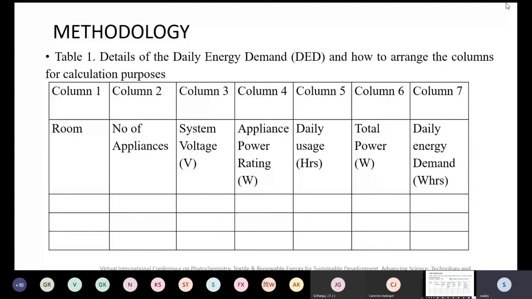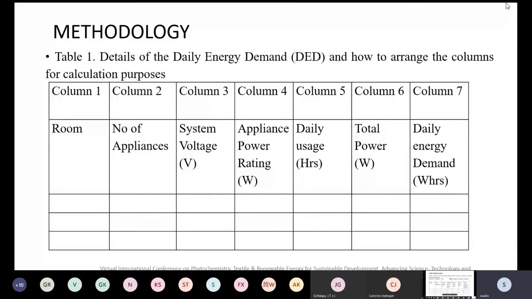Column 1 is the room where the device is located, column 2 the appliances, column 3 the system voltage, then column 4 is the appliance rating according to the manufacturer, then how many hours it will be on per day roughly, the total power that is consumed, and then we have the daily energy demand in watt-hours. The daily energy demand in watt-hours is what we want.